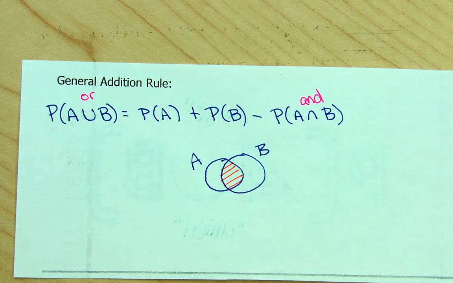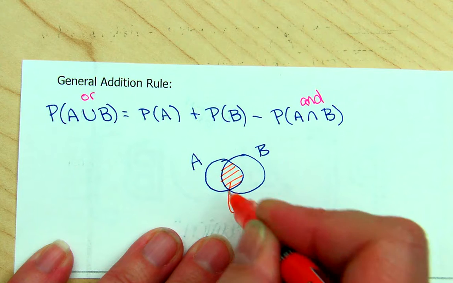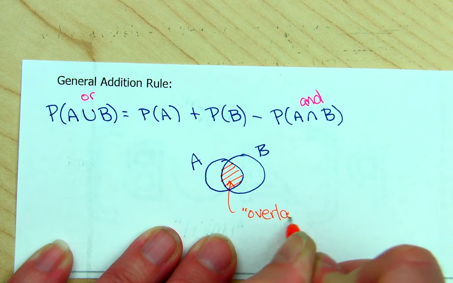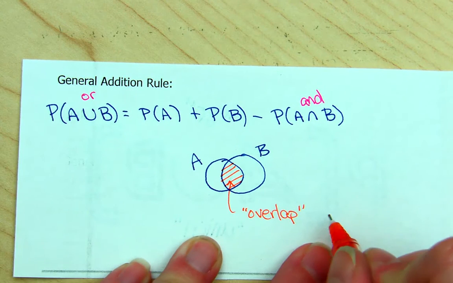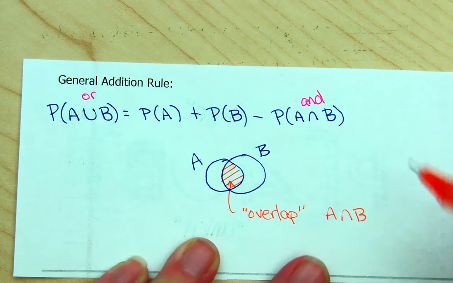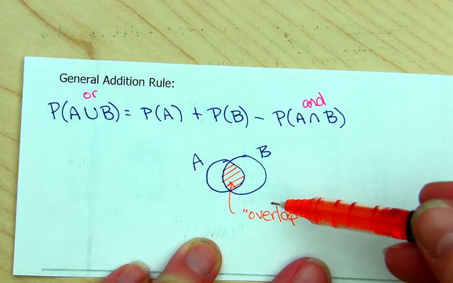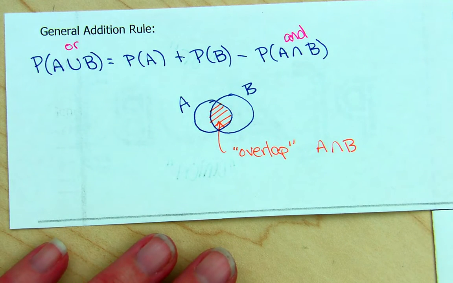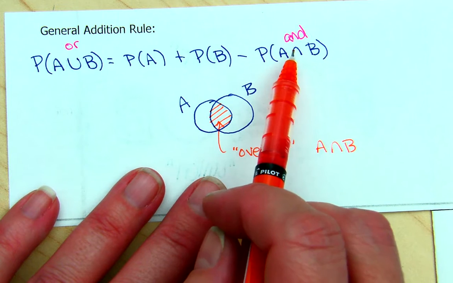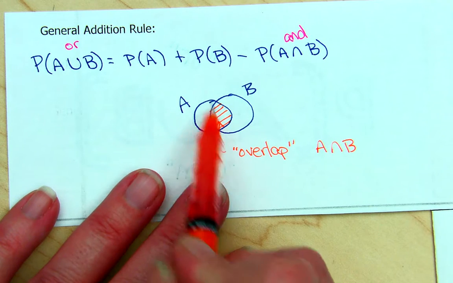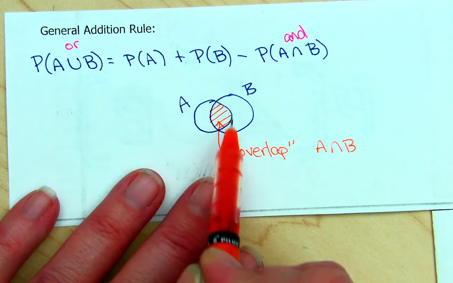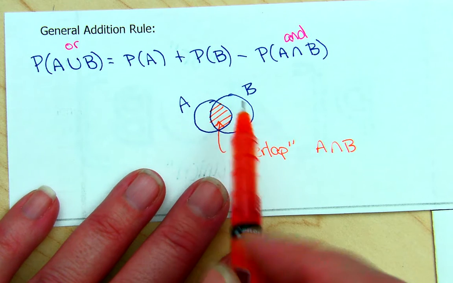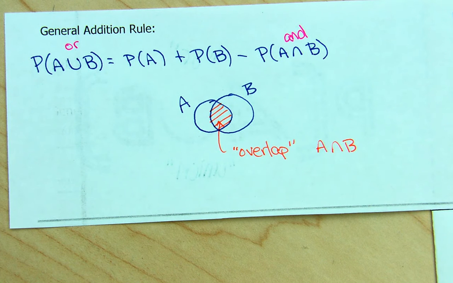That's contained in A and it's contained in B. So this is what we refer to as our overlap area, where this is the A and B. I'm just saying this to help you understand what that part we're subtracting means. When we talk about probability of A, we're talking about this entire circle containing A. When we talk about probability of B, we're talking about this over here. So that overlap, we counted in both.